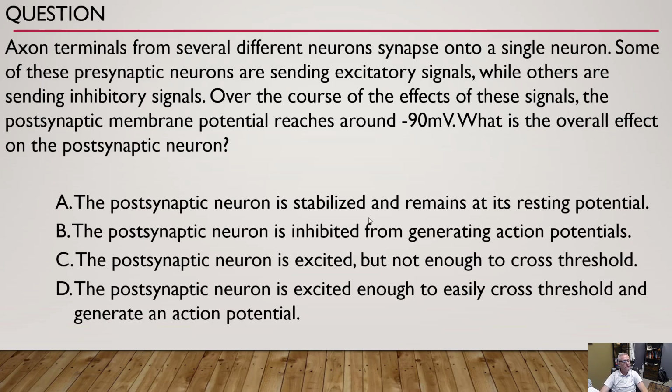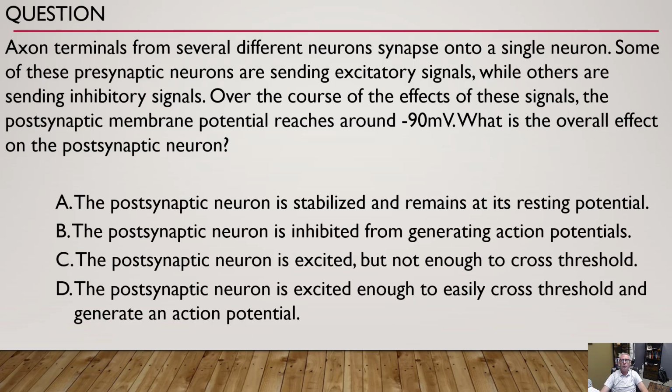The postsynaptic neuron is stabilized and remains at its resting membrane potential. The postsynaptic neuron is inhibited from generating action potentials. The postsynaptic neuron is excited, but not enough to cross threshold. The postsynaptic neuron is excited enough to easily cross threshold and generate an action potential.